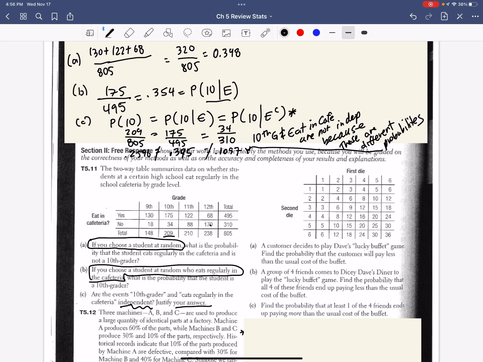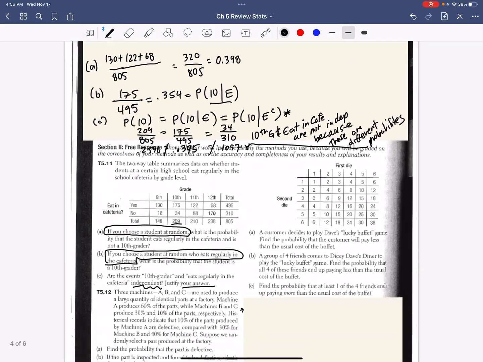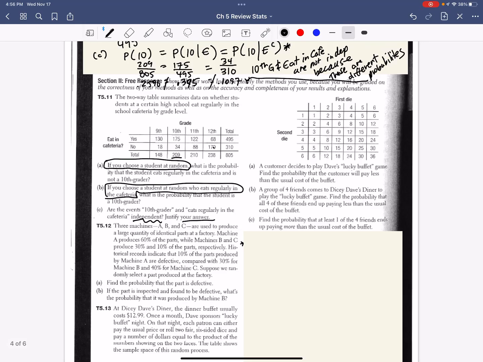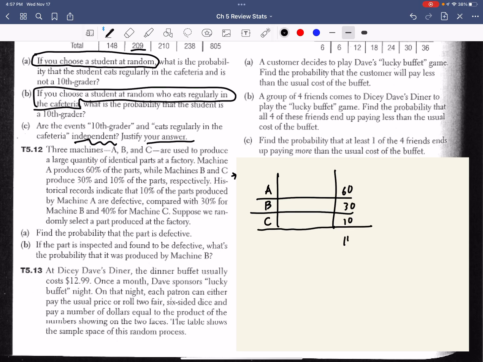Question number 12. Three machines, A, B, and C, are used to produce a large quantity of identical parts at a factory. Machine A produces 60% of the parts, while machines B and C produce 30% and 10%.